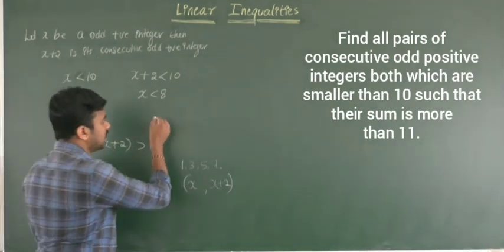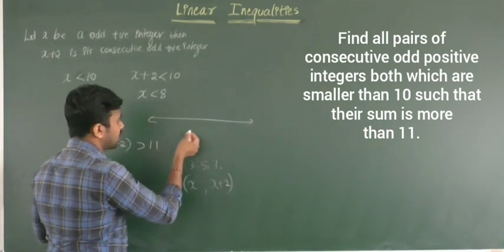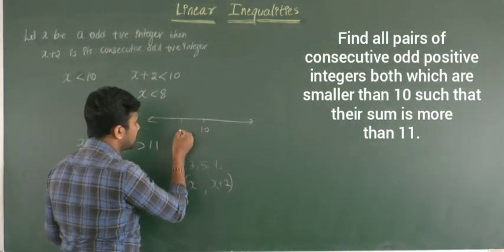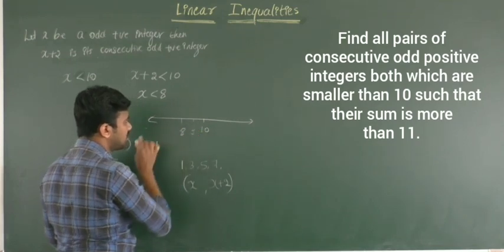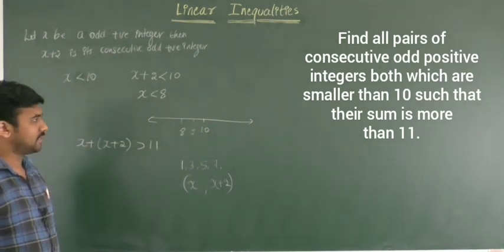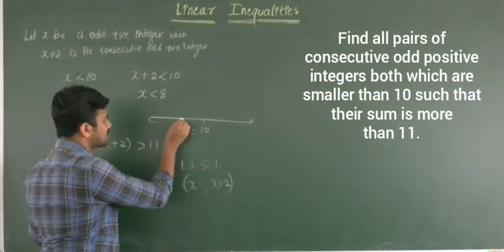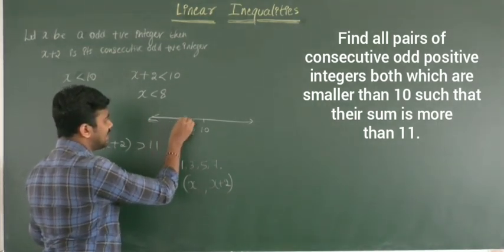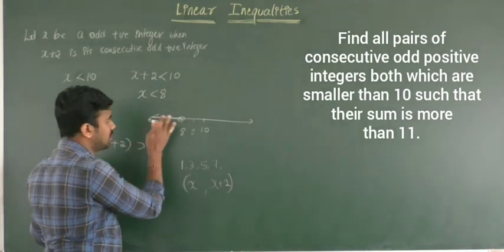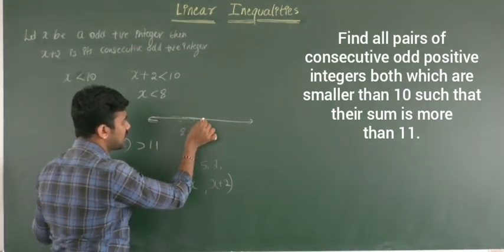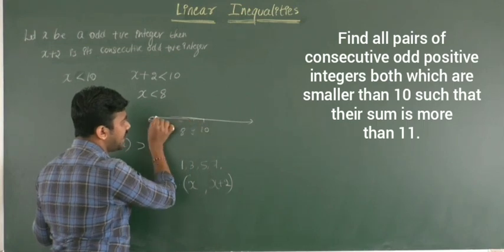Now on the real line, if you take the number 10, on its side you get the previous numbers 9, 8 and so on. If x is less than 8, clearly it is less than 10. But if x is less than 10, it may be less than 8 or not.